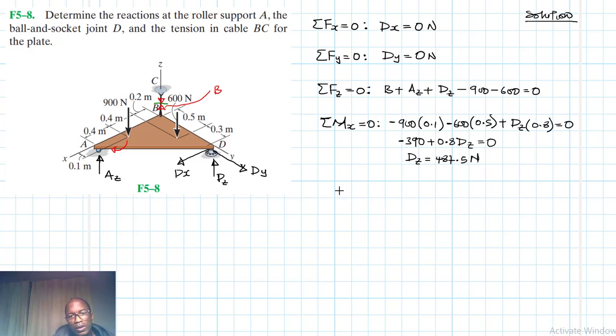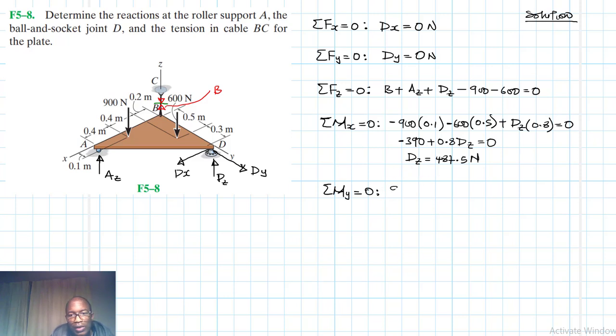Great. Then we have summation of moments about the y-axis equal to 0. About the y-axis, the applied forces, 900 and 600, using the right hand thumb rule, will cause a positive moment, right?